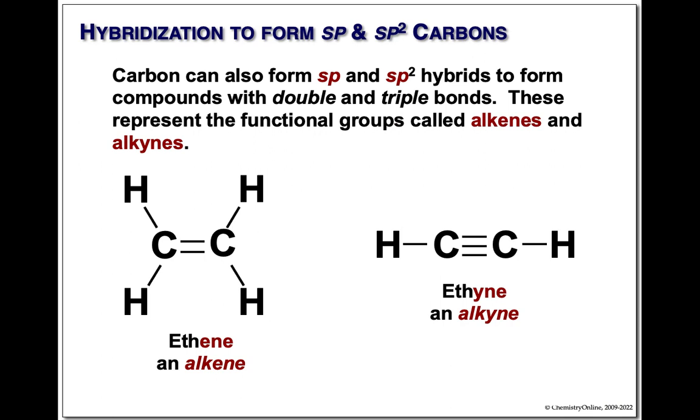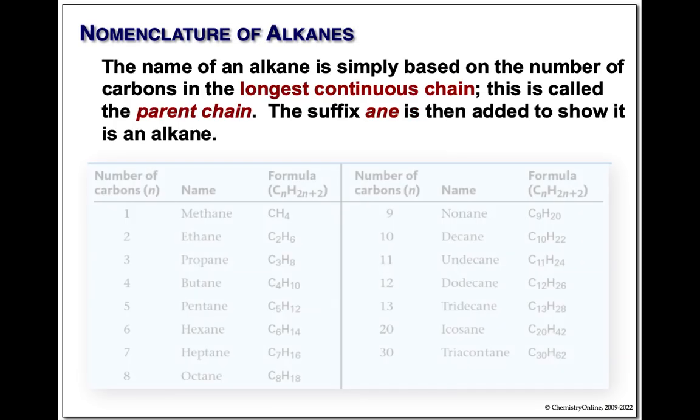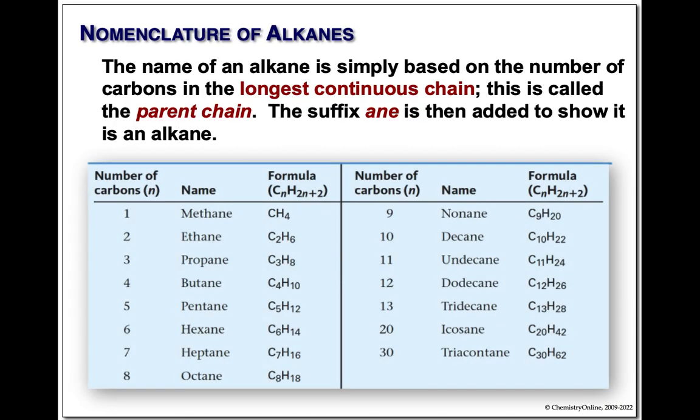Now, I said that the single carbon was called a meth. 2 carbons is called an eth. There's an entire set here: number of carbons and the name. This is the abbreviation, if you will. Methane, ethane, propane, butane, pentane, hexane, heptane, octane, and so on.